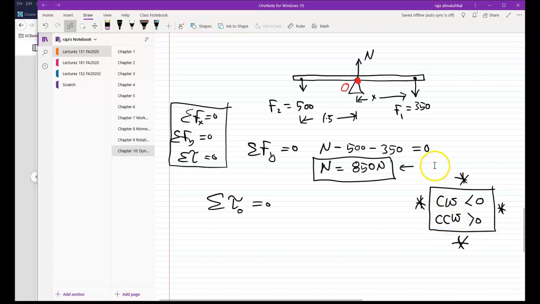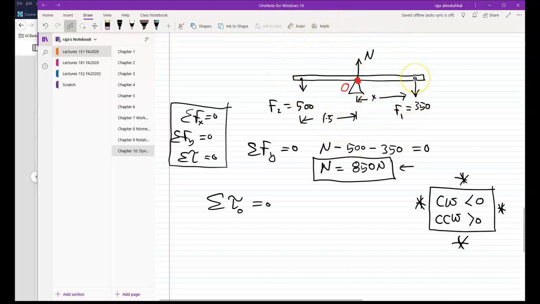Okay. Now here is what I'm going to do. Watch. Let's go to the diagram. Let's start with the 350 Newton right here. The vector is pointing downward, right? Now imagine if it is orbiting about O. It's going to go like this. Imagine 500 orbiting about O. It's going to go like this. Make sense?